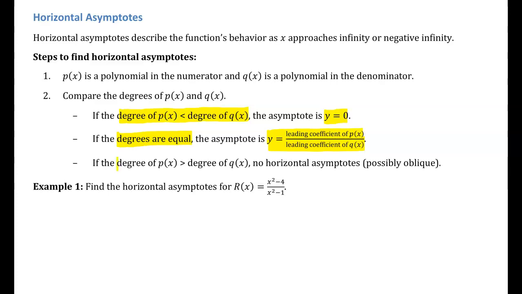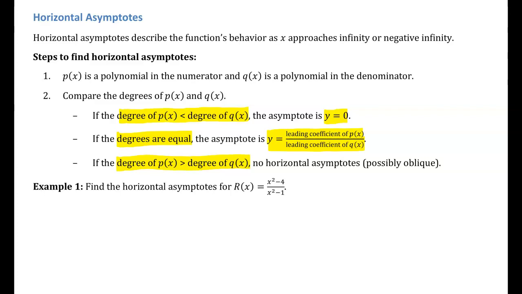And then if the degree of p of x is greater than the degree of q of x, there's no horizontal asymptote, but there's possibly oblique asymptotes. And we're not really going to talk about oblique asymptotes. I'm just going to mention them here, that even though the degree of the numerator may be more than the degree of the denominator, there still may be these oblique asymptotes.